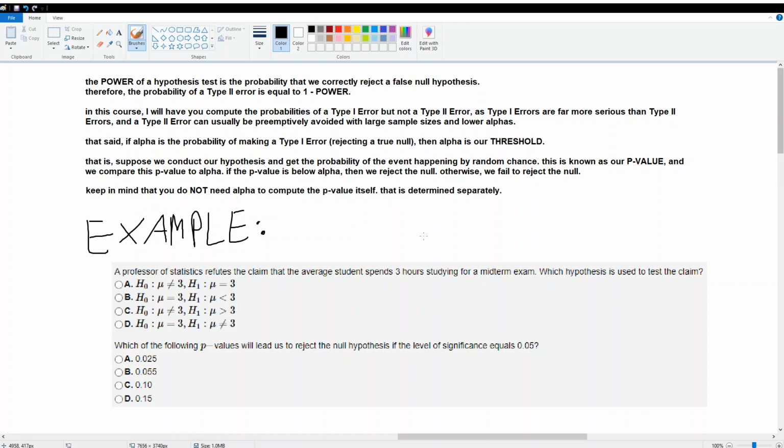And so the idea of getting a p-value is to assess the probability of getting the result that we got by random chance. That is, if the null is true, what were the odds of getting a result this far away from the null by sheer chance? And that is called the p-value. If this p-value is below alpha, then we reject the null because we're saying the odds of this happening by random chance are so low that we can safely say it didn't happen by random chance.